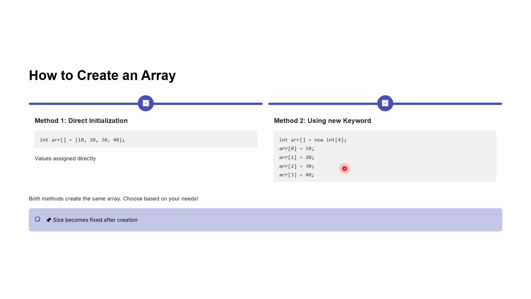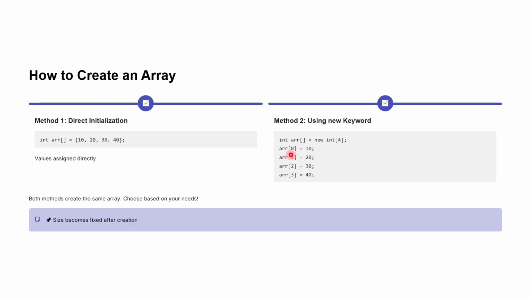When it comes to the new keyword in the second method, we write the int, then the name of the array, then give the brackets, and then we use the new keyword. Within the brackets we write the size of that array. Then we can initialize it further by accessing it with the index number.